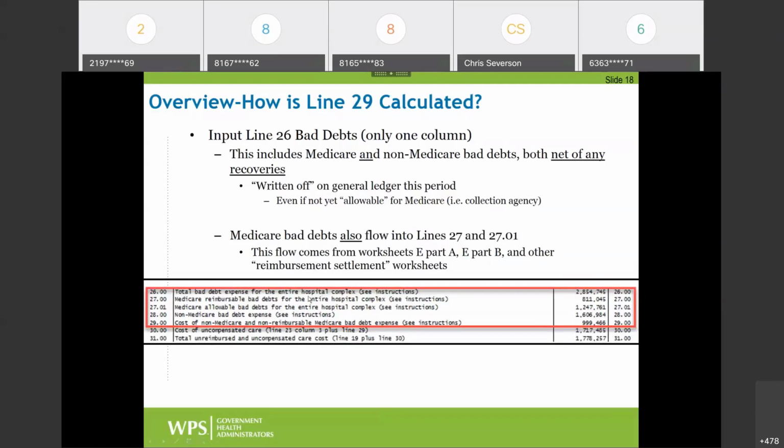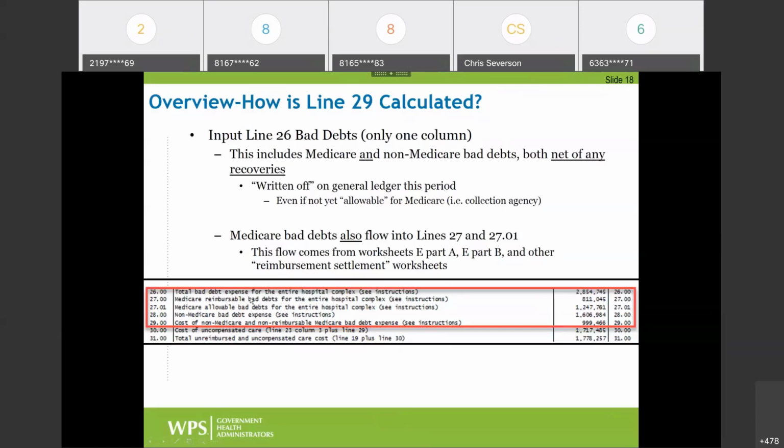So a couple of key words here. Total, first of all, again, Medicare, non-Medicare. And it currently includes the phrase bad debt expense. And if you look at the instructions, we're talking about those that were written off of the general ledger and your financial statements this period.